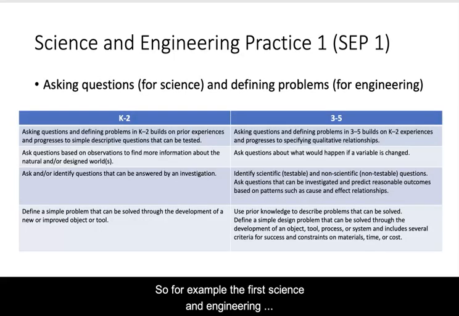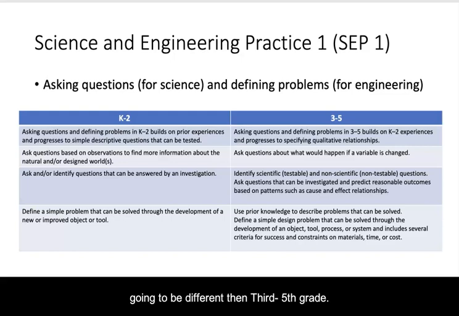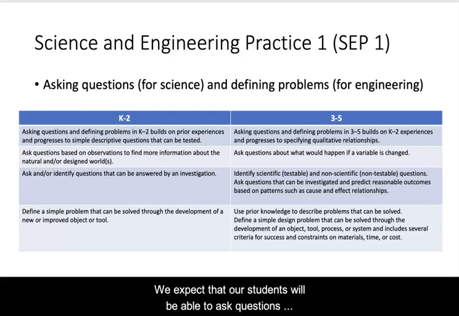So for example, the first science and engineering practice, or SEP, is asking questions for science and defining problems for engineering. And as you can see in this chart, our expectations of what we think our students should be able to do in kindergarten to 2nd grade is going to be different than 3rd through 5th grade. For example, we expect that our students will be able to ask questions and define problems despite the grade that they are in.